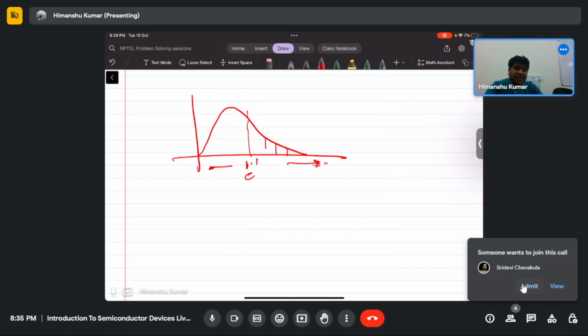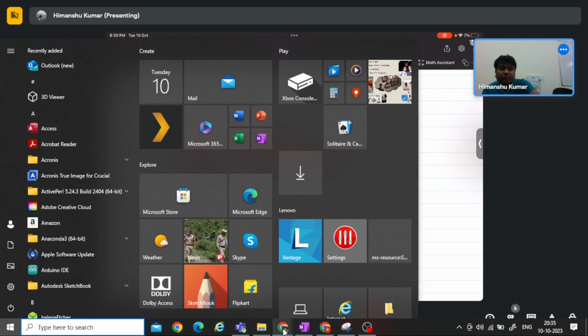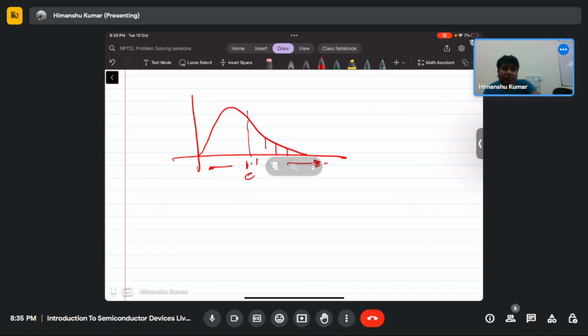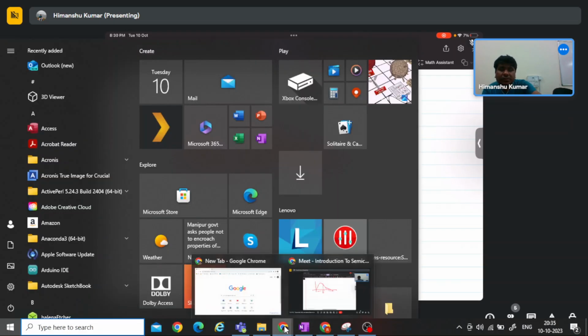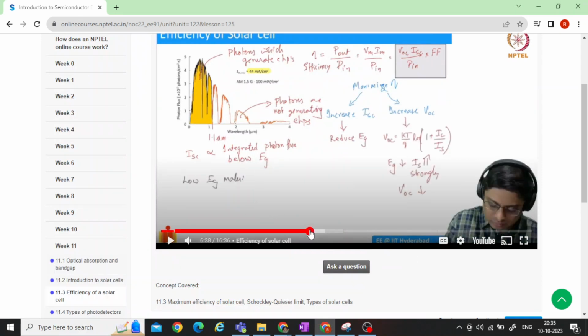Basically, your open circuit voltage is kT by q ln of 1 plus IL by Is, where Is is the reverse saturation current.